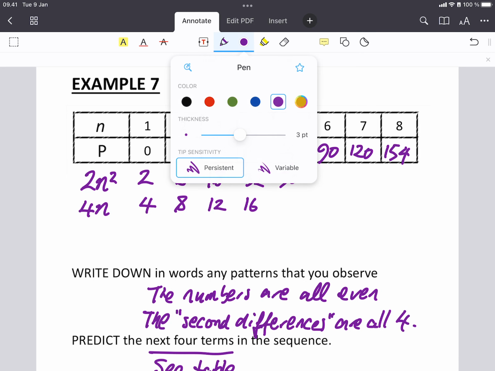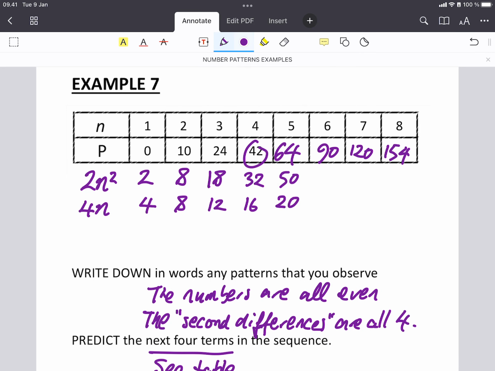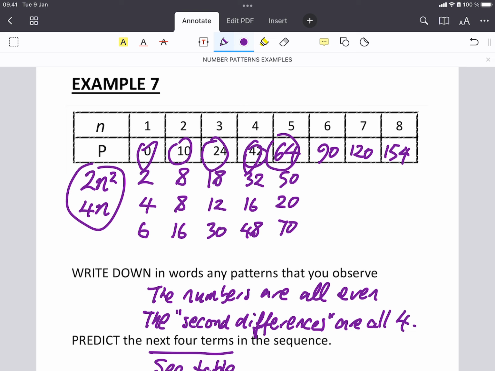So if we had 2n squared plus 4n, we'd be getting 6, 16, 30, 48, 70, but we actually want 0, 10, 24, 42, 64, which is 6 less than the ones we're getting.